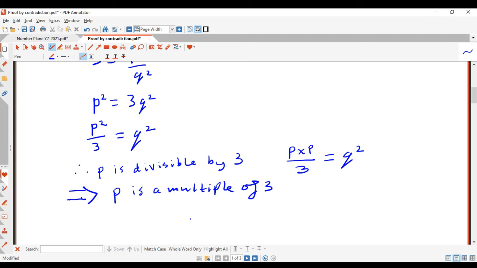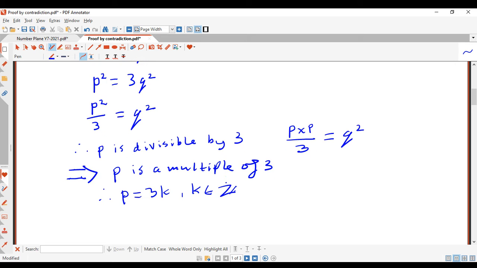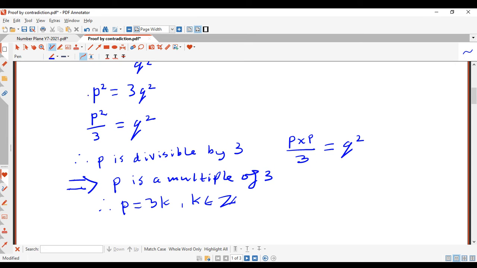Now, if p is a multiple of 3, I can say, therefore, p is equal to 3k, where k is some integer. Okay? All right, so now we've got p equal to 3k. I'm going to sub that back into this. Okay, let's call this equation 1 if you like.